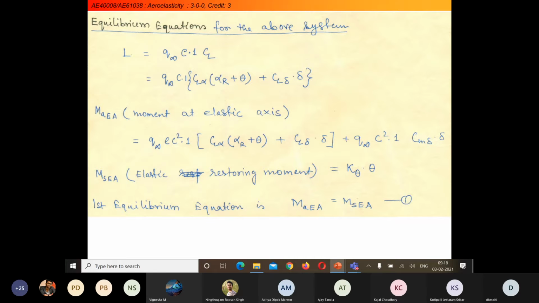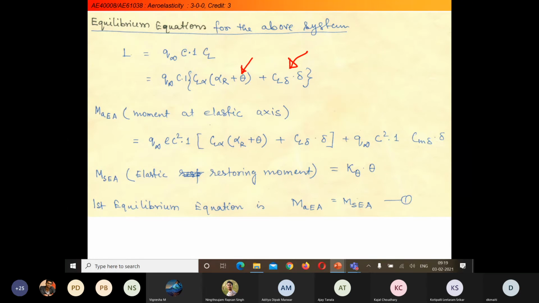Let me now come to the lift force. Earlier we considered only a 1 degree of freedom system, which is why we took it with respect to theta. Now, as we are considering the control surface deflection also, it will introduce some additional lift force, which we get as CL delta into delta.